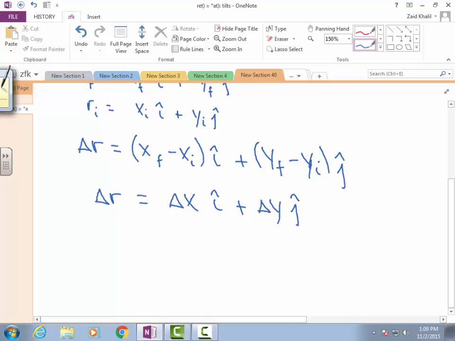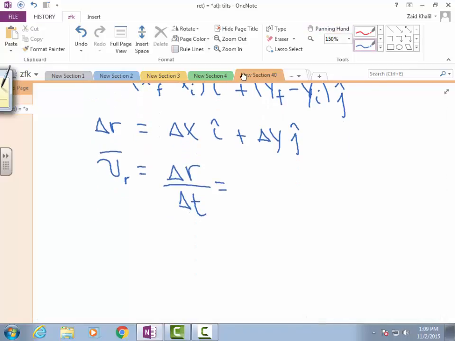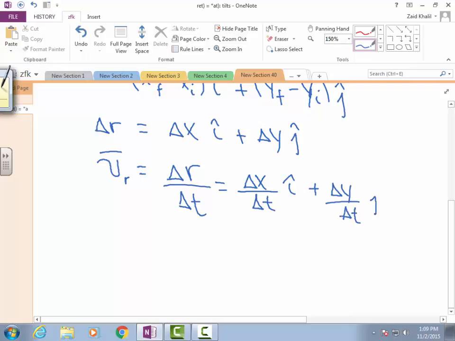And so now what can we define? Once we have displacement, we can define what velocity? Average velocity. So you can say average velocity in the R direction, the radial direction, is defined as delta R over delta T. But what's that? That's delta X over delta T i hat plus delta Y over delta T j hat.